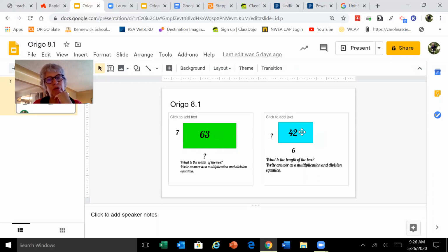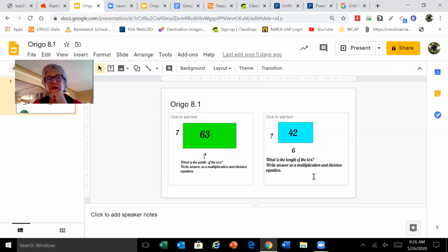I've got 42, but notice I have the number on a different side. Okay, it doesn't matter what side. So I have 42 as the area, and then one side is 6. So in this case, what is the length? And then I want you to figure out our mystery number using multiplication and division.